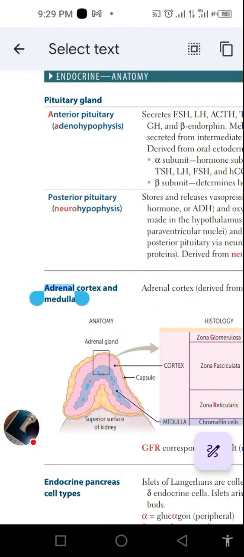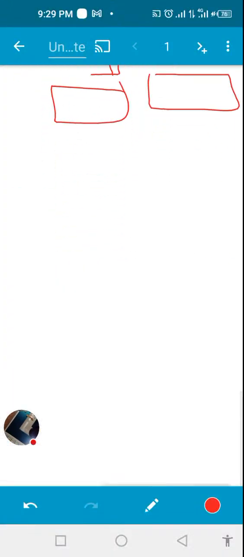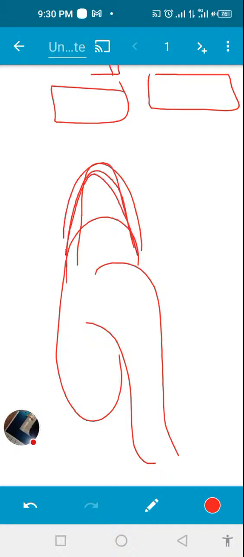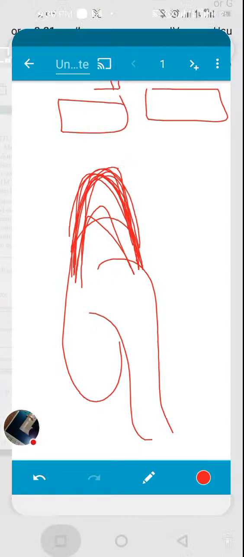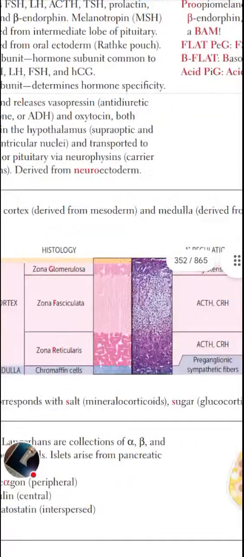Now another one is the adrenal cortex and adrenal medulla. These are present on the top of the kidney. They are riding the kidneys, and they have different hormonal functions. The adrenal cortex has three layers: glomerulosa, fasciculata, and reticularis.